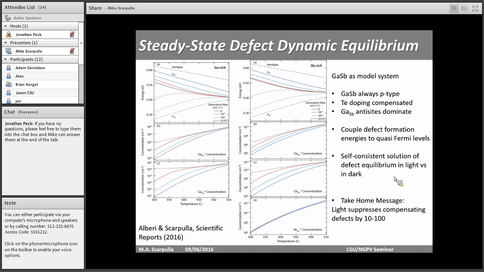Just look at the difference between the dark concentration, which would be the black lines, and the dark blue lines, which is the highest light intensity or generation rate. You can see that we're predicting here that at low processing temperatures, the point defects can be suppressed by a few orders of magnitude.